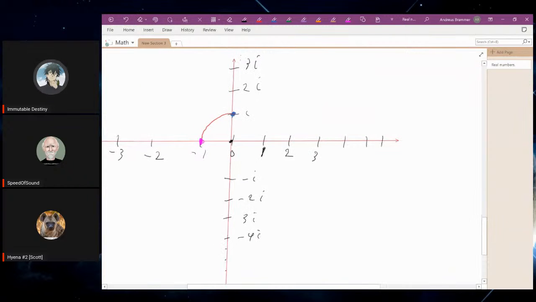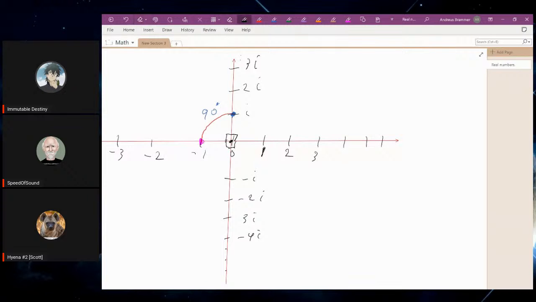And actually, we can see this. These lines all touch at 90-degree angles. And what's happening when we multiply by i, if you notice, is that an angle of 90 degrees is being rotated by. It's rotating in the counterclockwise direction. Whoops, that was not a very good counterclockwise symbol.